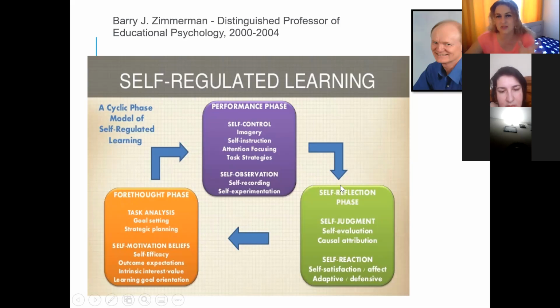He designed this three-step model to help our students regulate their learning pace and their learning process. We have already worked on our attitudes, which help us move toward success.